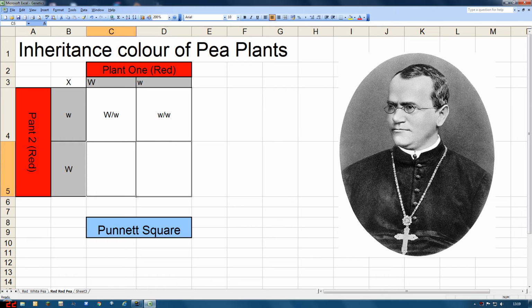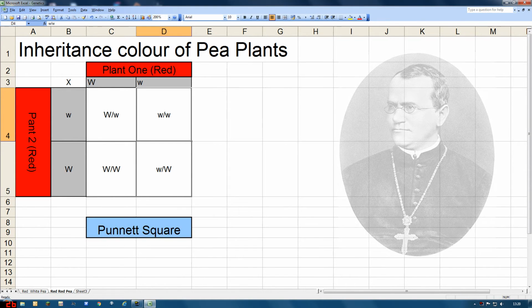Down here we've got an uppercase W coming from the top plant and an uppercase W coming from the second plant, and in here we've got a lowercase w coming from the top plant and an uppercase W coming from plant 2. So as we can see, we've got different outcomes this time from pairing these two plants together.